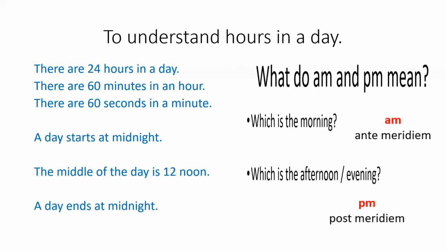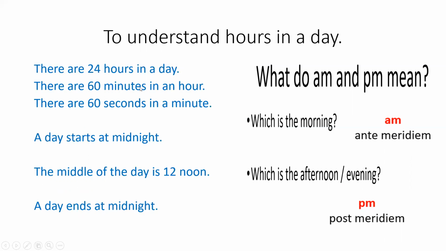We also know that a morning, when we're reading times from an analog clock, we tend to write them as AM, or even on a digital clock, if it's a 12-hour, it's AM, and that stands for anti-meridian. Okay, so that's AM, which is before midday, and the afternoon or evening is PM, and that's post-meridian, so after midday. 24 hours in a day.